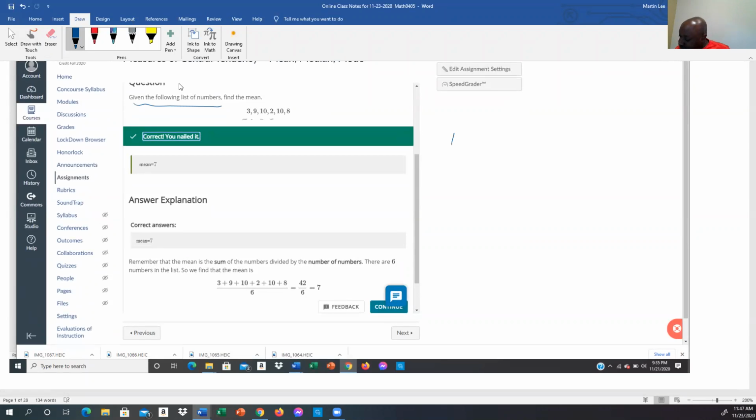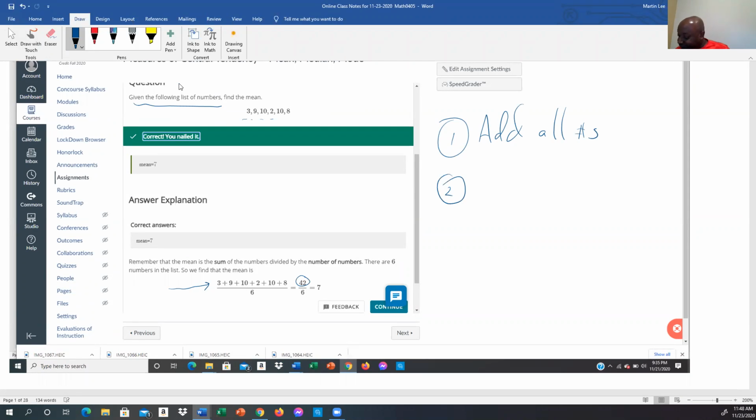So the first thing we want to do is we're going to find the sum. Add all the numbers, which is what they did down here. And when you add all your numbers, you get the sum of 42.